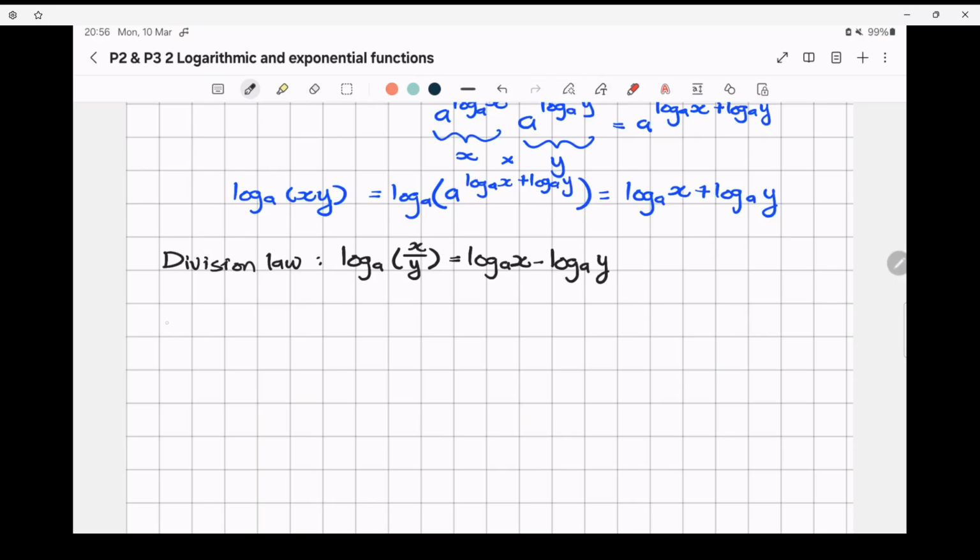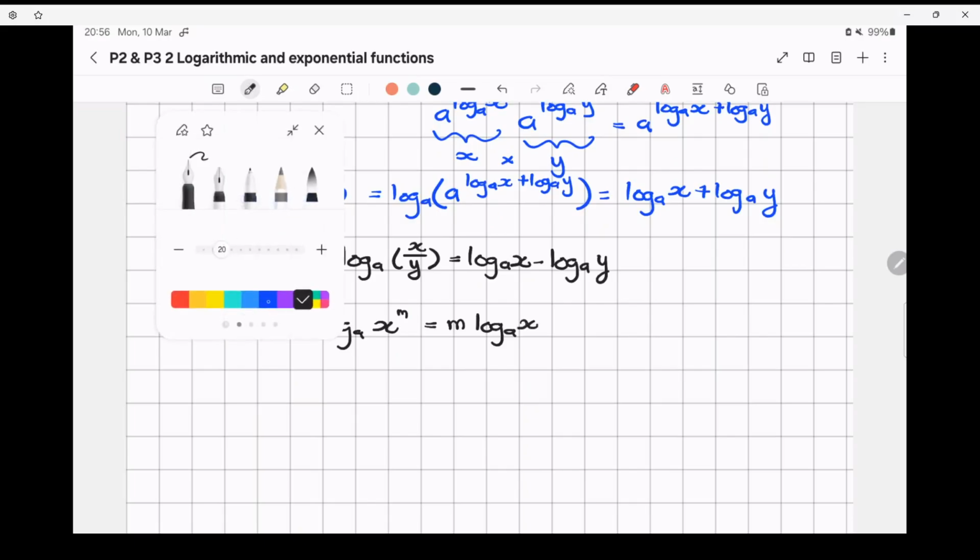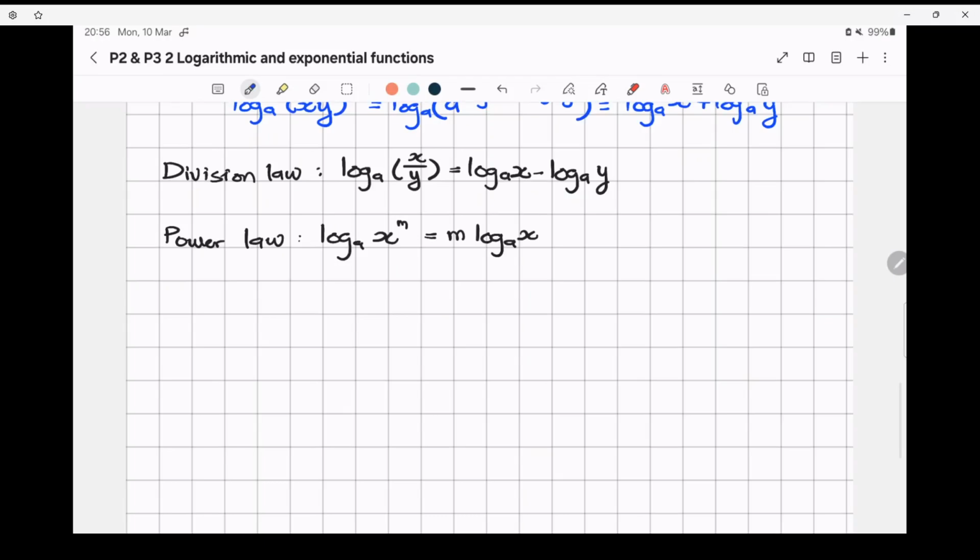So the last one is what we call the power law, which states that log base a x to the power of m is m times log base a x. So again, we can borrow the same proof as before.